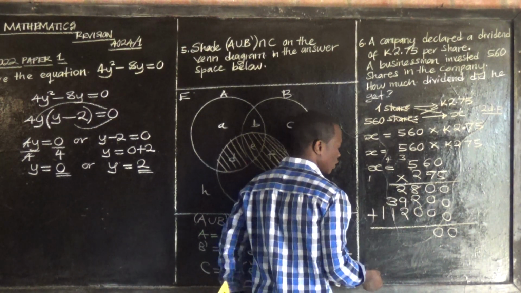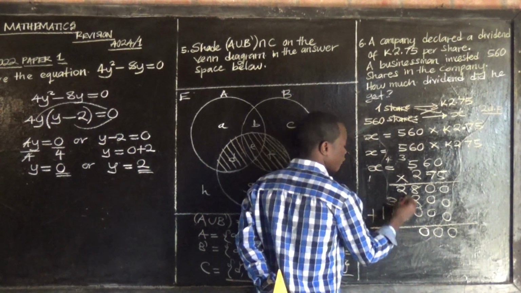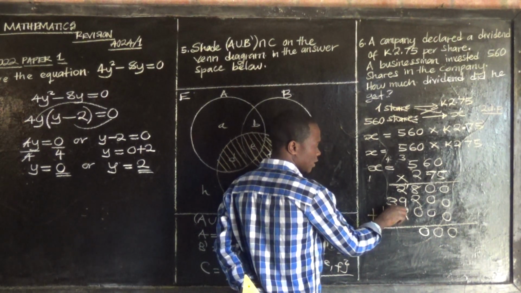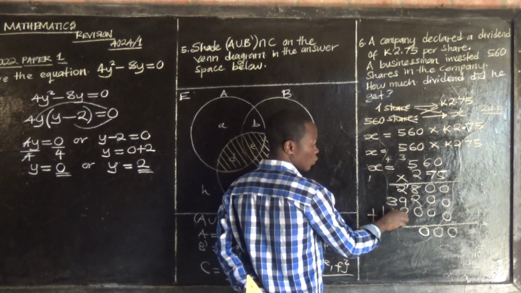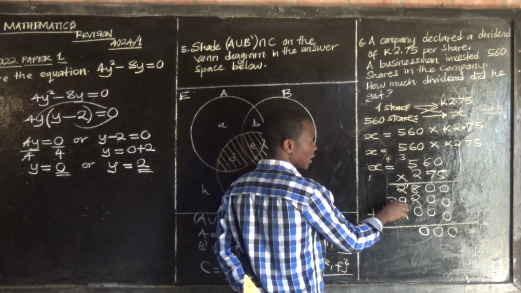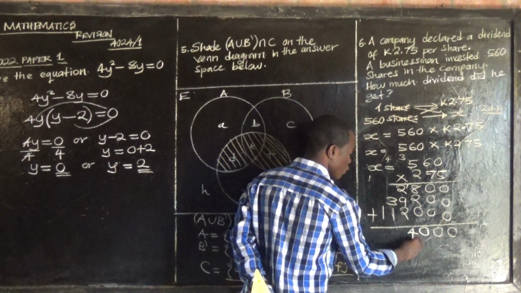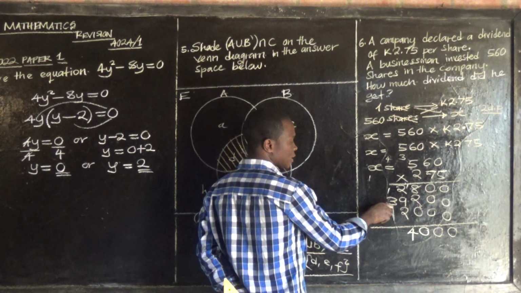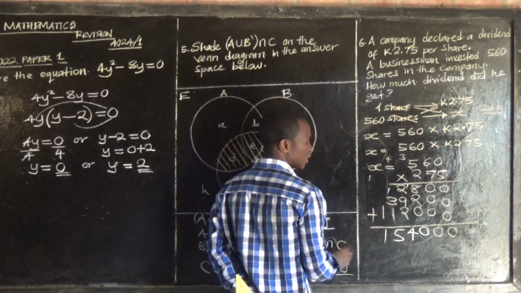You get 10, so write 0, carry forward 1. What is 2 plus 9? 11. 11 plus 2? 13. 13 plus 1? 14. So you're going to write 4, carry forward 1. Then 1 plus 3? 4. 4 plus 1? 5. Then you have got 1 this side down.